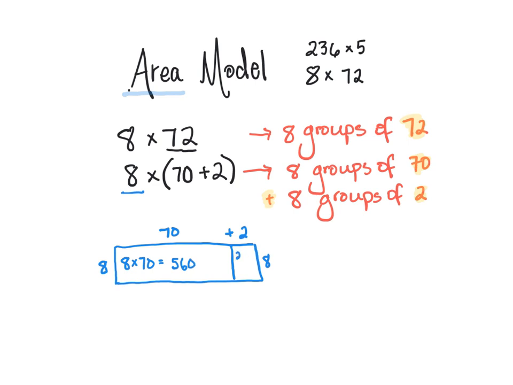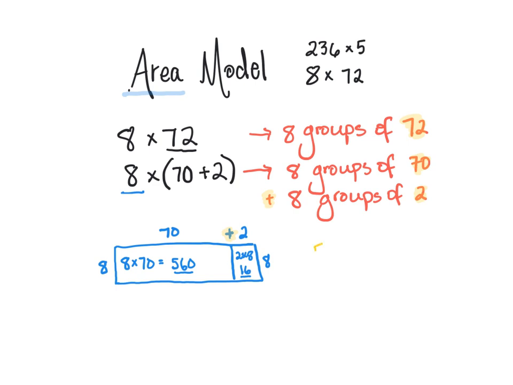And then I'm going to do 2 times 8 in my second rectangle to find the area, and that's going to be 16. Now, let's remember, we've got here a product of 560, and here a product of 16, but we have to go back and pay attention to our addition sign, and we're going to be adding these 2 products to get our final product. These are partial products of a final product.